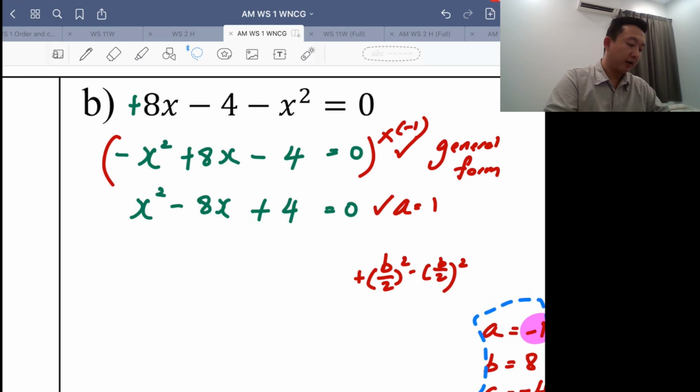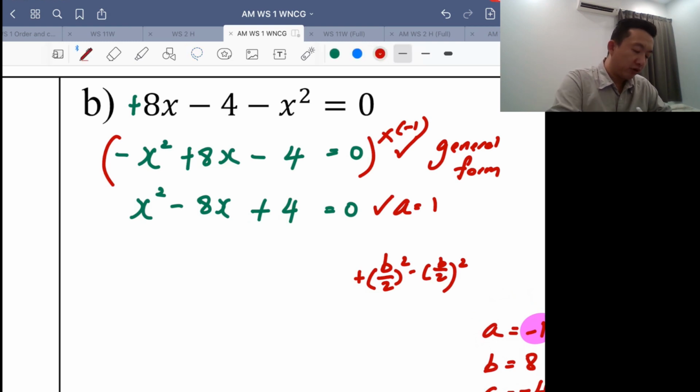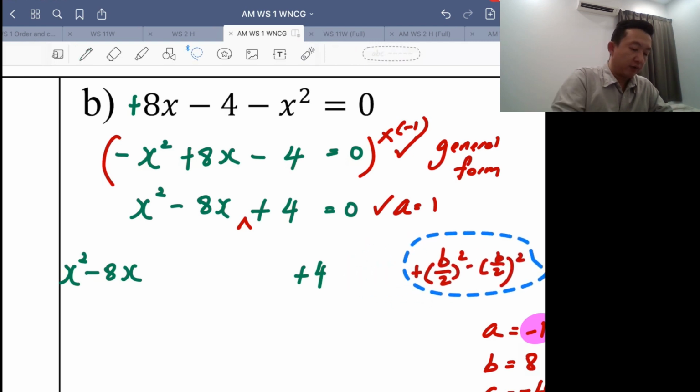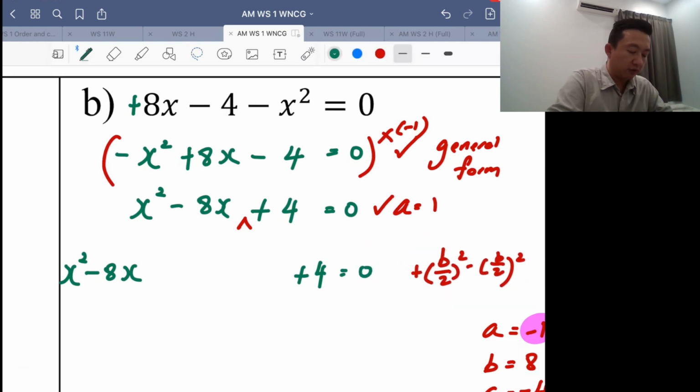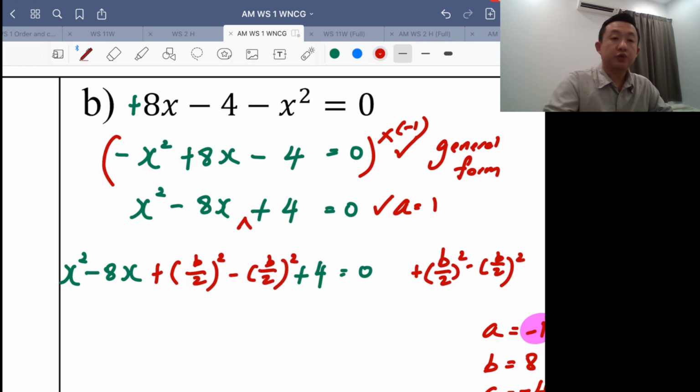Let's see what we can do about this. So make sure you remember it is between bx and c. So right after bx, then you put something in. So we have x squared minus 8x plus 4 equals 0. So this is the part we put in: b over 2 squared minus b over 2 squared.